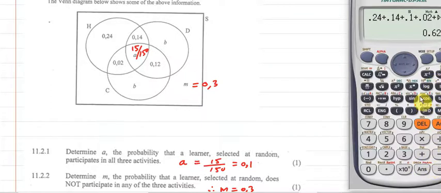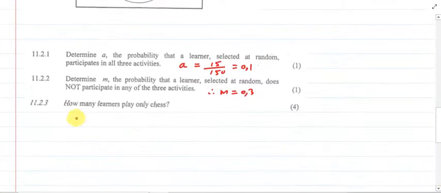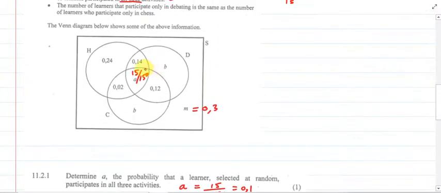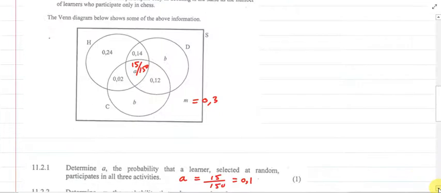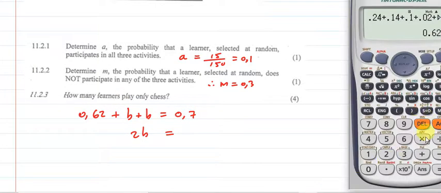Right, we are getting an answer of 0.62 plus B plus B. So 0.62 plus B plus B. Remember, because each of these regions added up together gives me 0.7, right? So now 2B is equal to 0.7 minus 0.62, right?